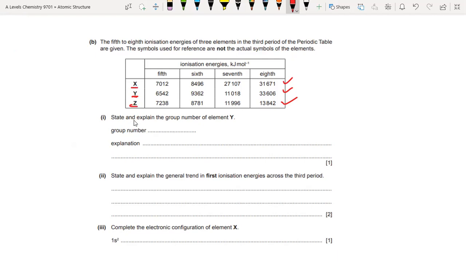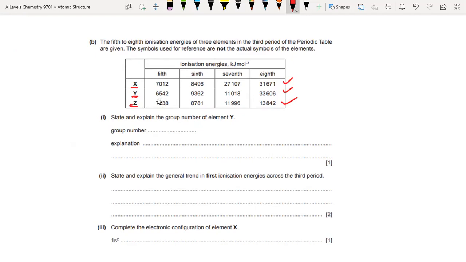Question 1 is: state and explain the group number of element Y. What we have to note here is the big energy difference, a large energy gap between the ionization energies. Which ionization energy pair have large ionization energy gap? Let us see.